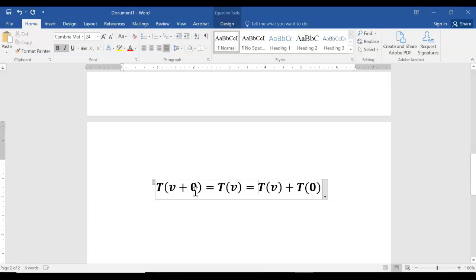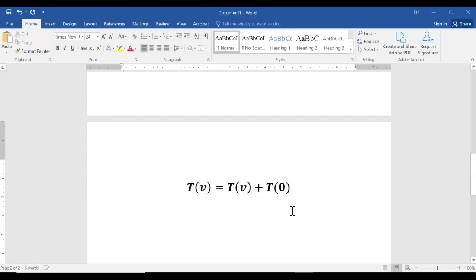So t of v plus 0 has to be equal to t of v plus t of 0, which, again, if you focus on this equation, so in order to be linear, this t of 0 cannot add anything to this one here. Okay, so subtracting t of v from both sides, we get that the 0 vector has to be t of 0.